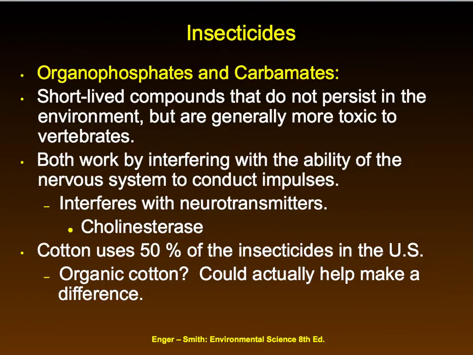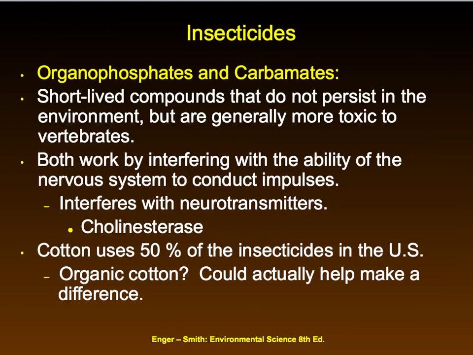We have two other classifications of insecticides: organophosphates and carbamates. These are short-lived compounds, different from what we just talked about, and they do not persist in the environment, but they are generally more toxic to invertebrates.